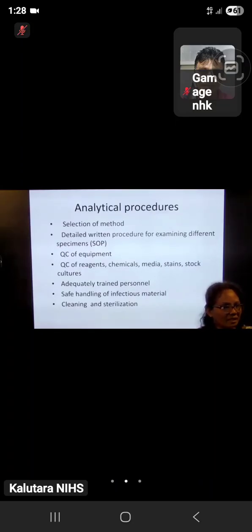And then quality control of reagents, chemicals, media, stains, cultures. Then we will describe all those things in detail later. Adequately trained personnel, safe handling of infectious material, and cleaning and sterilization, all those are under analytical procedures.